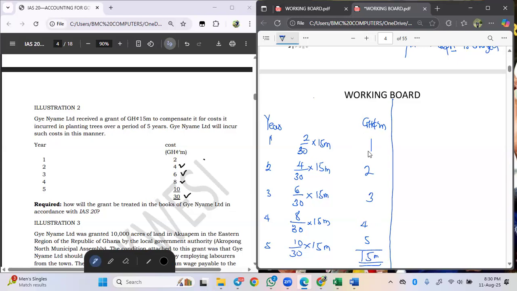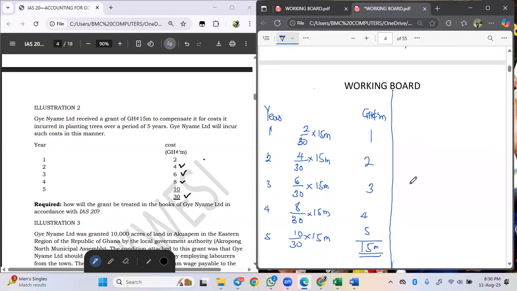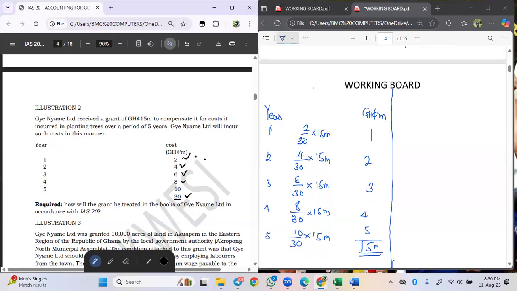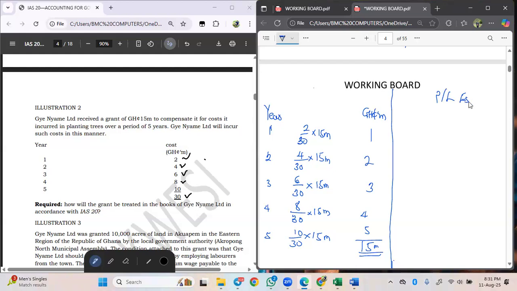Now let's look at how this one will be shown in the extracts. We are using the deferred credit method because we transfer it on a yearly basis, or annually. Now let's look at the P&L. We are going to do the splitting here, so please let's pay key attention.